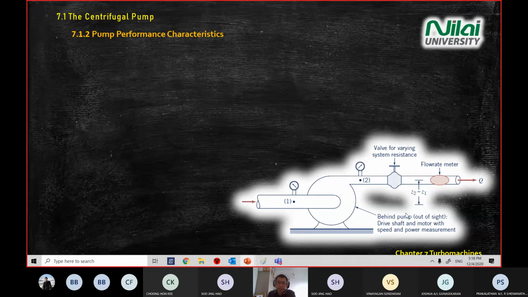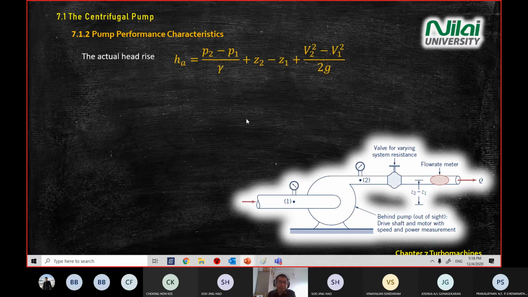Every time you study fluid mechanics, when you see an elevation parameter mentioned, it means that you need to call out the energy equation, or the Bernoulli equation, right? So this is the equation we use for calculating the actual head rise, HA equal to this one.